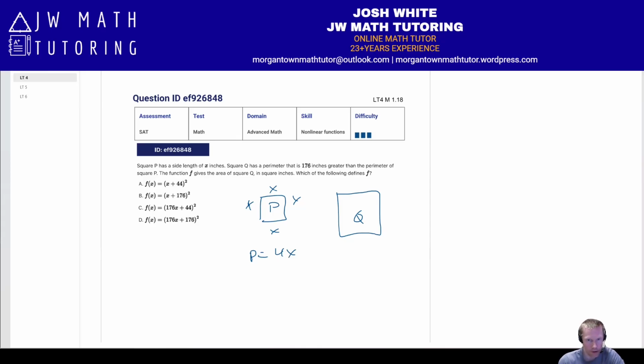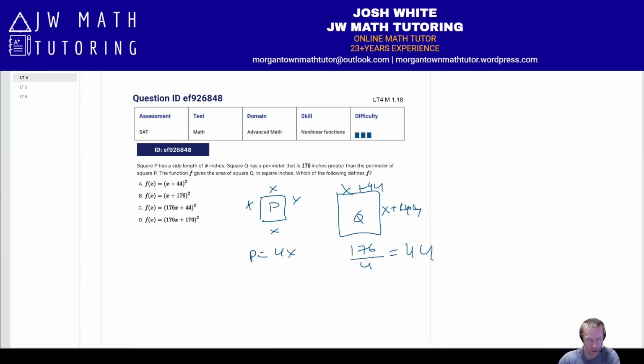This perimeter is 176 inches greater. You divide that by 4 because it's split up evenly among all 4 sides. So the extra 176 inches is going to be an extra 44 on each side. So like x plus 44, x plus 44, all the way around.